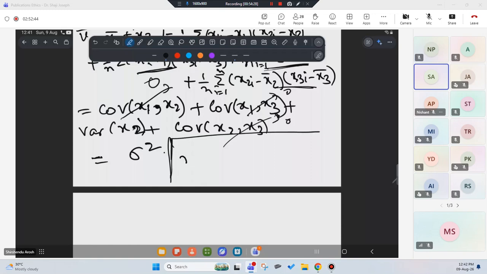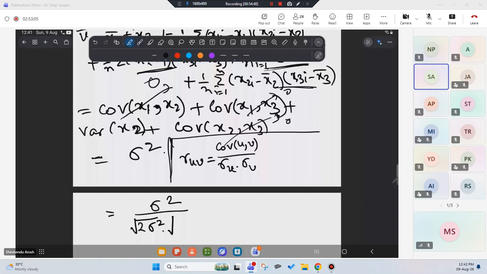So our correlation of u and v would be covariance of u, v divided by sigma u and sigma v. We have found the covariance as sigma square, and sigma u as root of 2 sigma square, and sigma v is also square root of 2 sigma square.